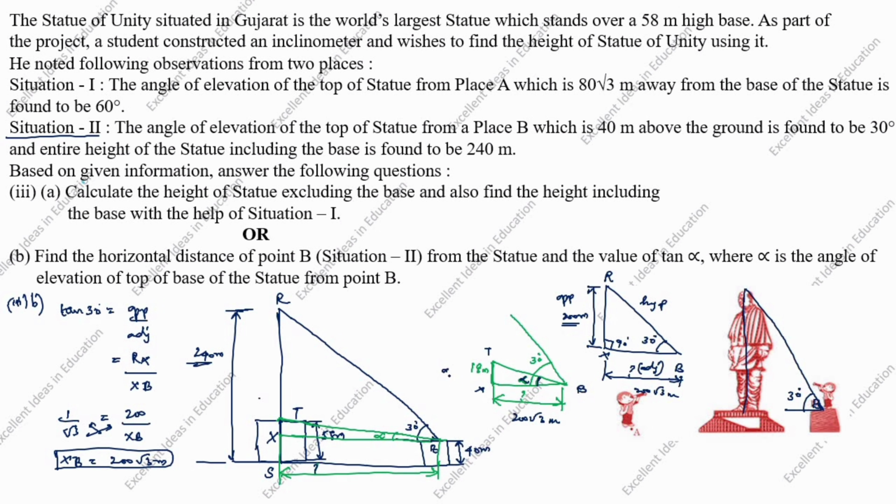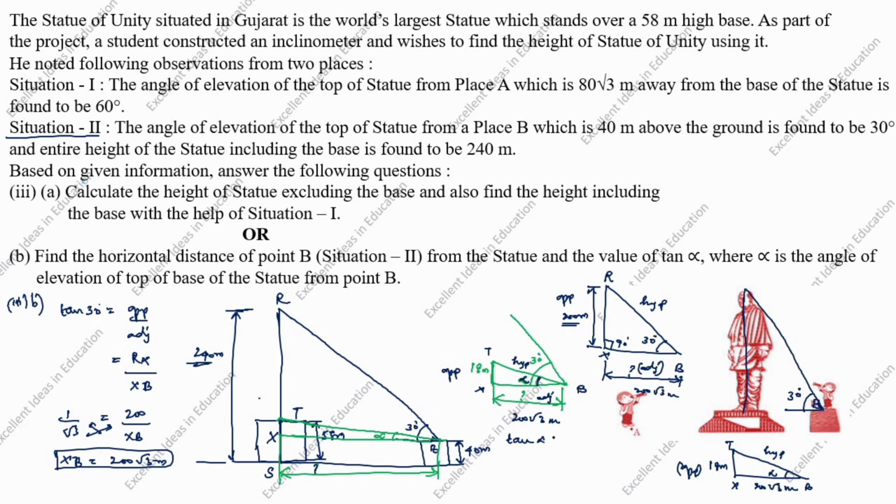Alpha, angle opposite, this is opposite, the bigger side is the hypotenuse, the other side is adjacent. I will draw this drawing here. This is angle alpha, X, B, T. This value is 18 meter, this value is 200 root 3 meter.